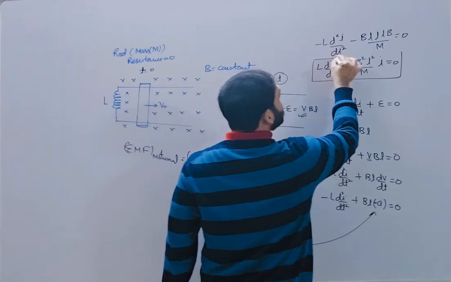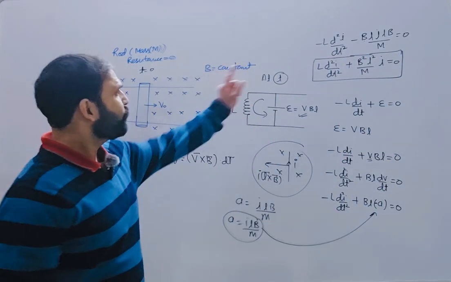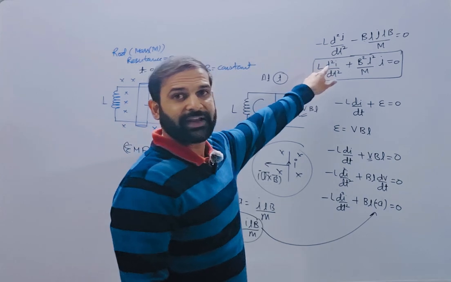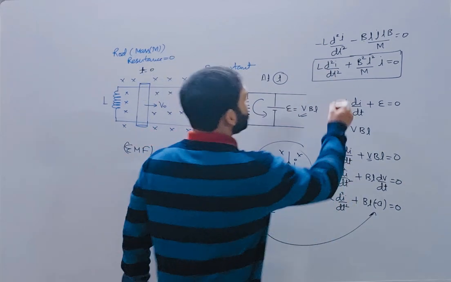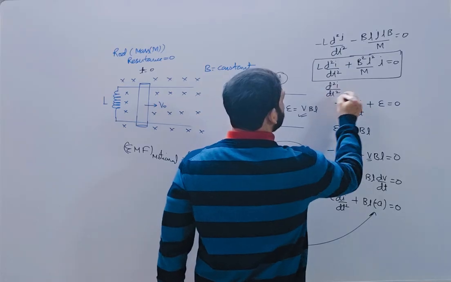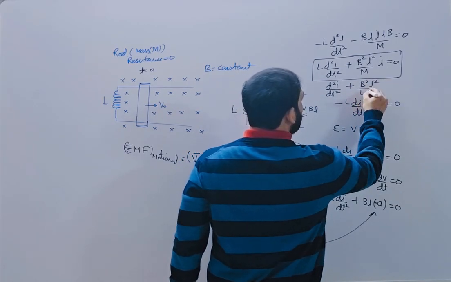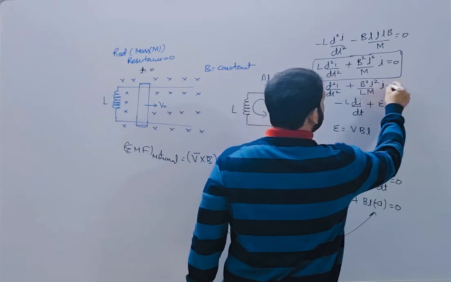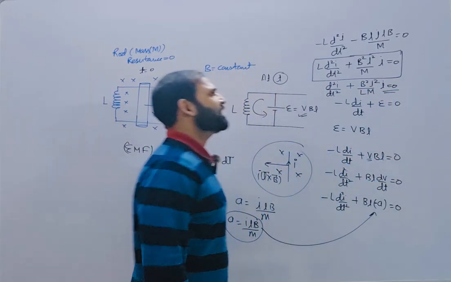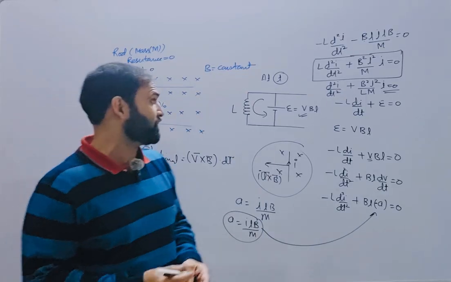And this is the equation of simple harmonic motion. When we divide the equation by L, we get d2I by dt square plus B square L square by LM into I equal to 0. That means the current in this circuit is performing simple harmonic motion, or oscillatory motion.